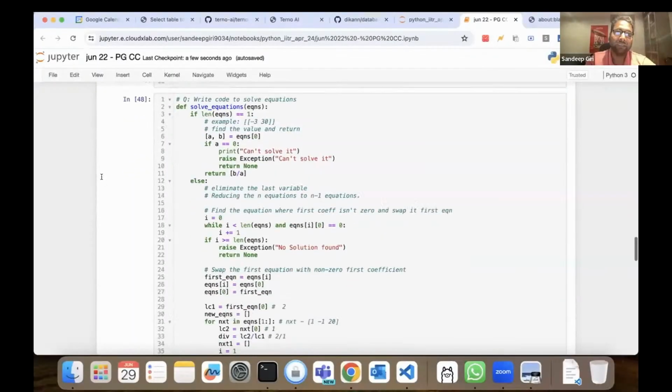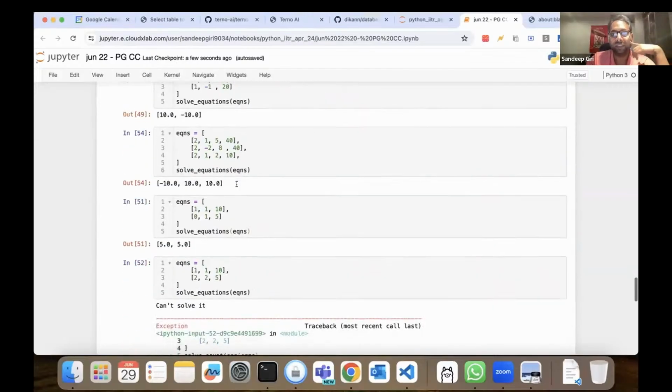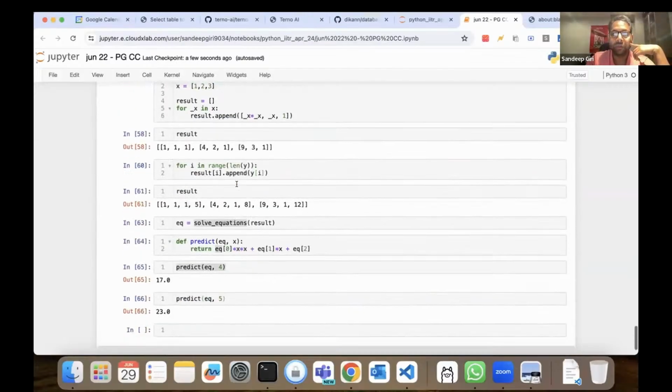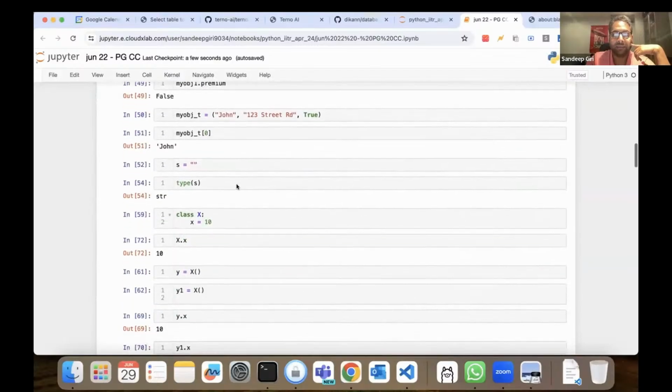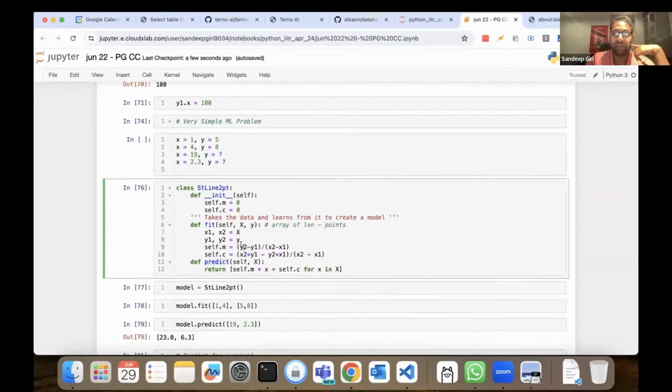What we did here was in a very unstructured manner, so I expect you to design your class like this. Your class name, a constructor which initializes some values, then a fit method which takes the historical data and learns from it, the way we just learned from the historic data and figured out the coefficients a, b, c. Once we have figured out those coefficients, we can do the prediction.